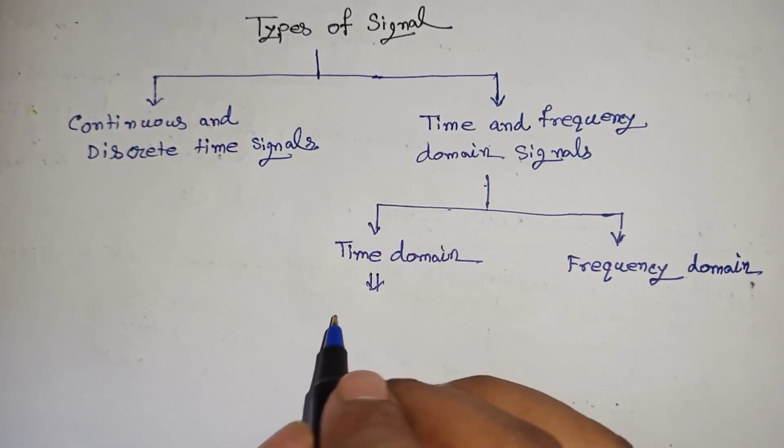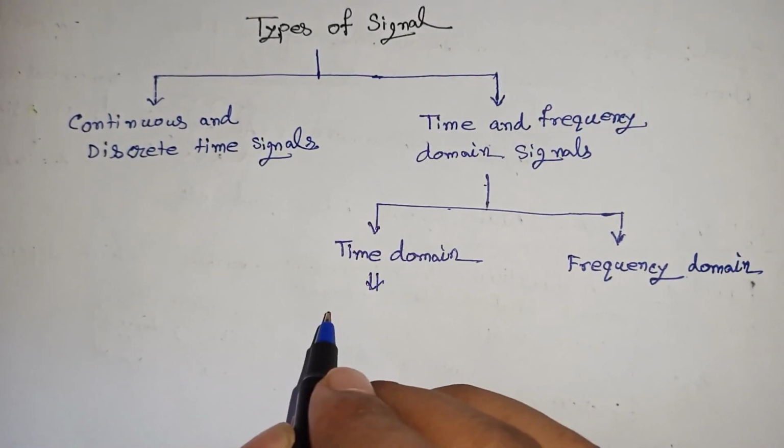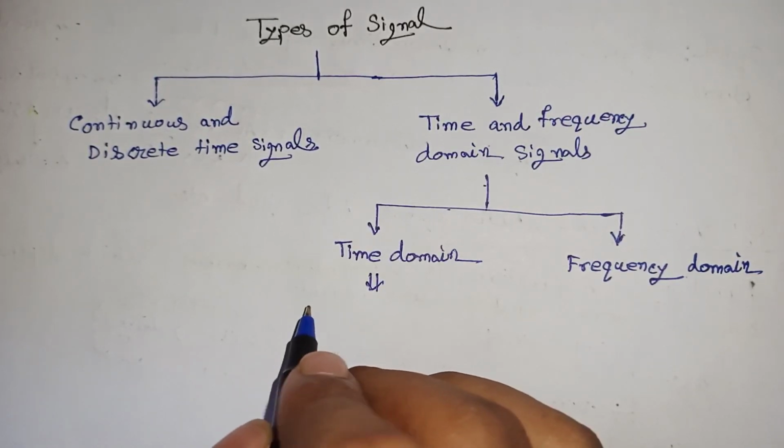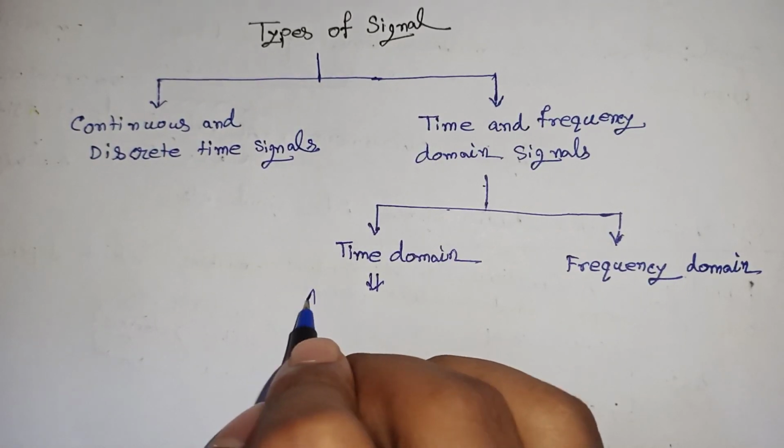We have already seen the example of time domain signal in the first, which is AC voltage.